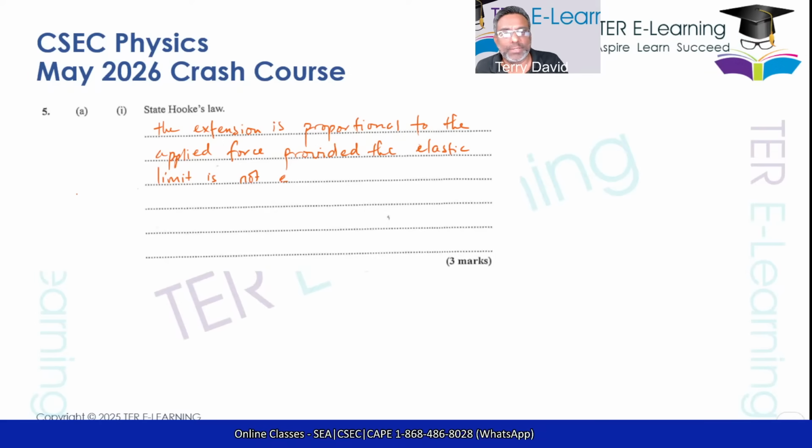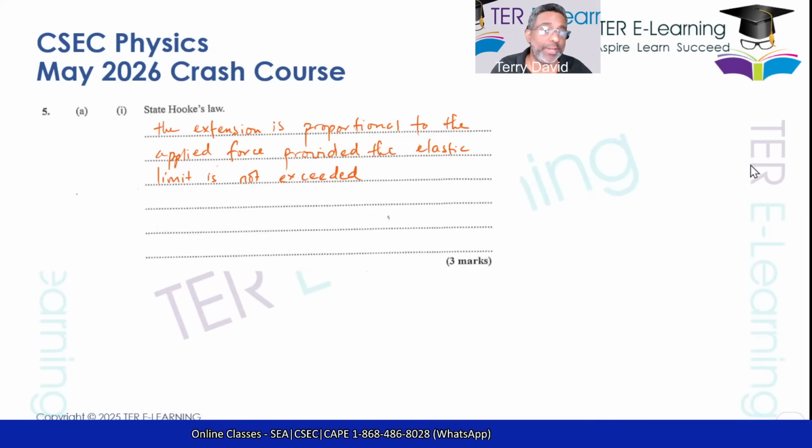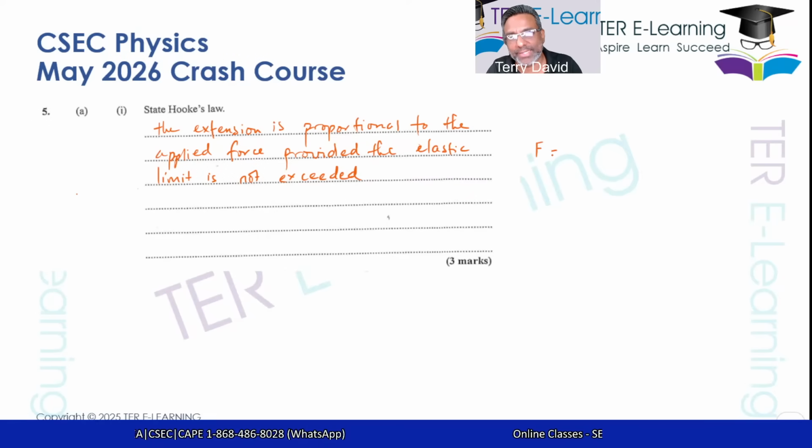I know some students in my class, I would have told them, I don't like to put this, but this is what CXC wants, so we'll put it. It's really called the limit of proportionality, not necessarily the elastic limit. This could work here for Hooke's law, and if you have a mathematical statement for Hooke's law, it is F is equal to k by e.